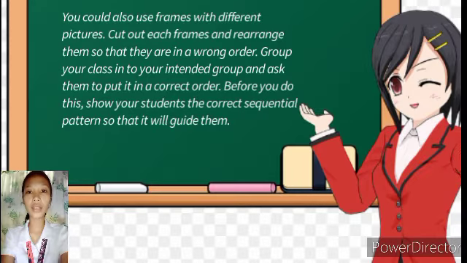Group your class into your intended groups and ask them to put the cut picture frames in the correct order. Before you do this, show your students the correct sequential pattern of the frames so that it will guide them.